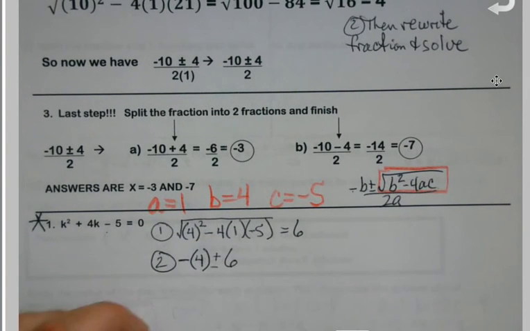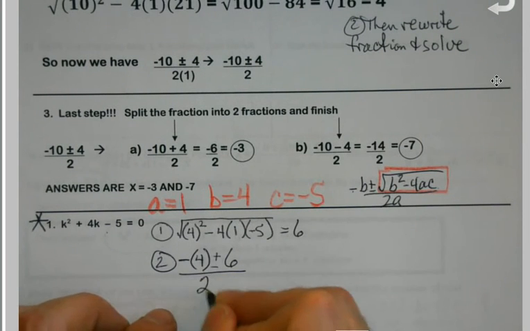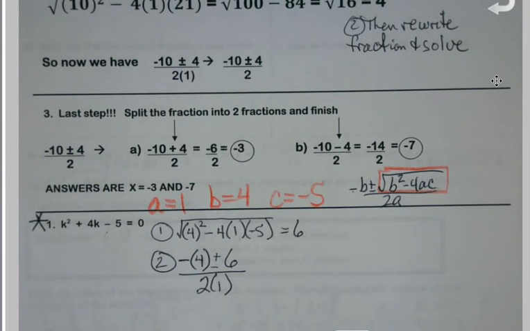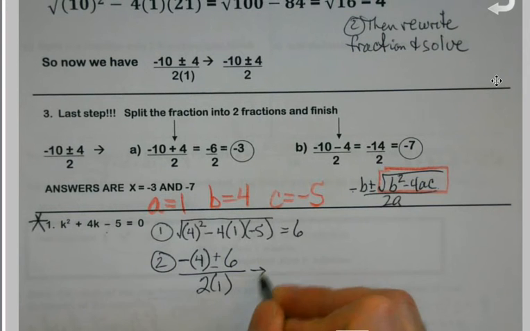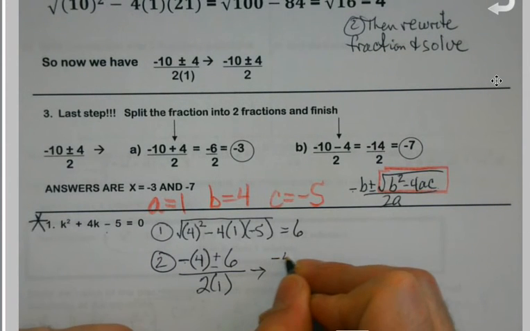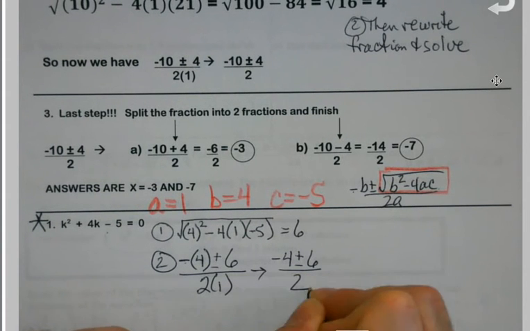So I'm going to write that down over 2 times a, over 2 times 1. That's a lot easier to work with than trying to deal with the whole big thing at once. So you're like, okay, this seems kind of odd though. So negative times 4. Okay, so negative 4 plus or minus 6 over 2.